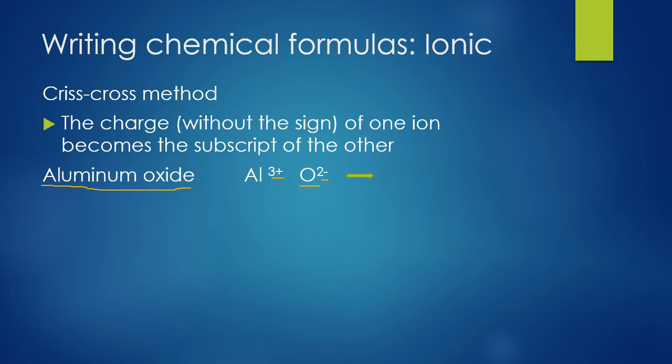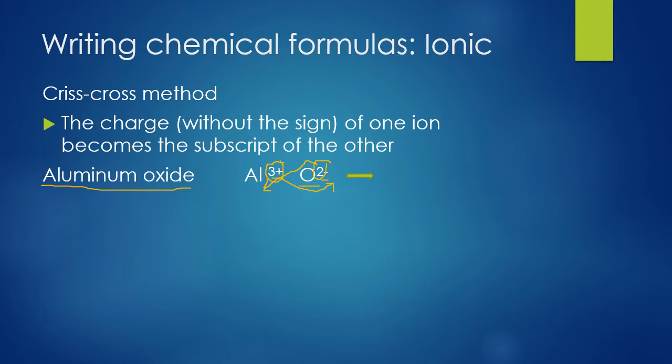So how does this work? Well, you take the number, so this 3 on aluminum, and that 3 is going to become a subscript on oxygen. The 2 on oxygen, not the charge, just the number, is going to become a subscript after aluminum. So we're crisscrossing those numbers.